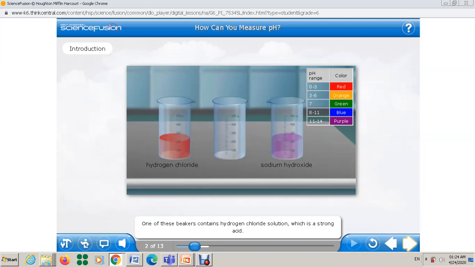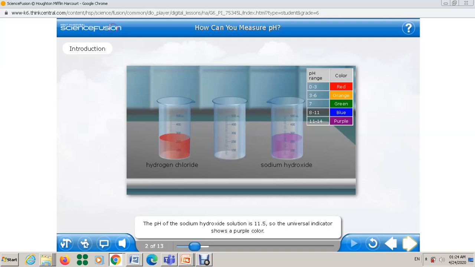One of these beakers contains hydrogen chloride solution, which is a strong acid. The other contains sodium hydroxide solution, which is a strong base. Each beaker also contains some universal pH indicator, which is a chemical mixture that changes color at different pH values. The pH of the hydrogen chloride solution is 2.5, so the universal indicator shows a red color.